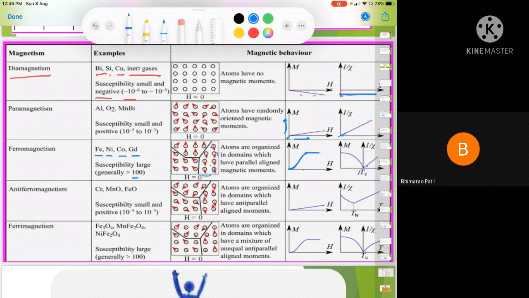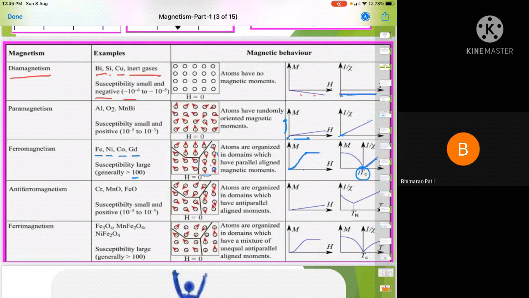If you plot the graph of the reciprocal of the molar magnetic susceptibility versus the temperature, first it decreases and then increases after the Curie temperature, and therefore ferromagnetic substances are characterized by the Curie temperature.